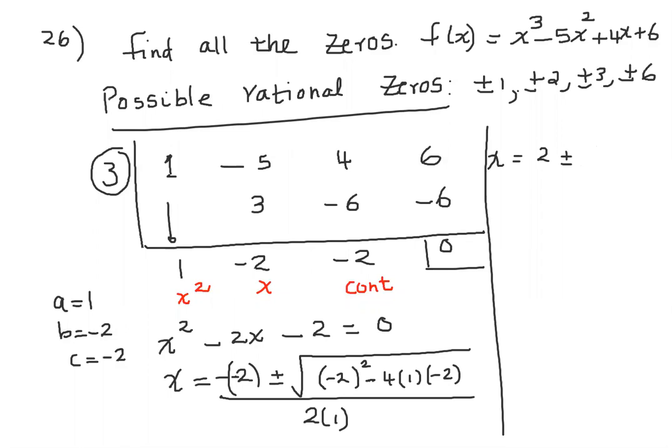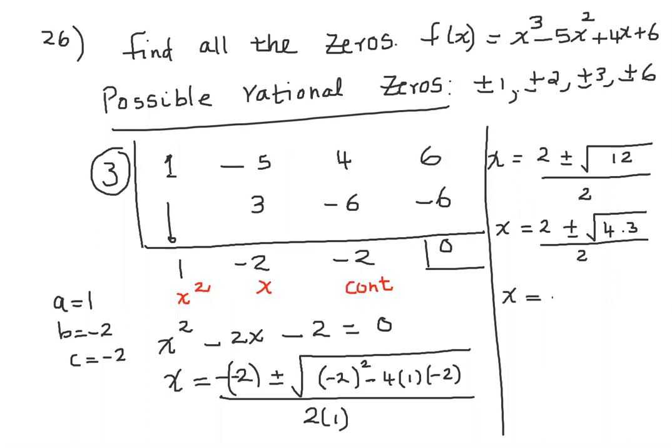So we are getting 12 over 2. So we can factor the 12 into 4 times 3. We learned this one as well. And square root of 4 is 2, so I'm taking it outside.